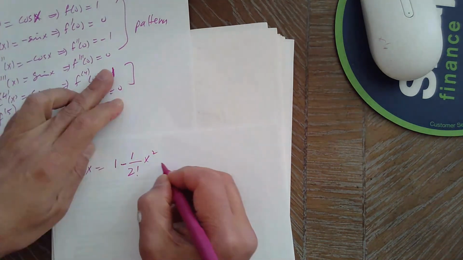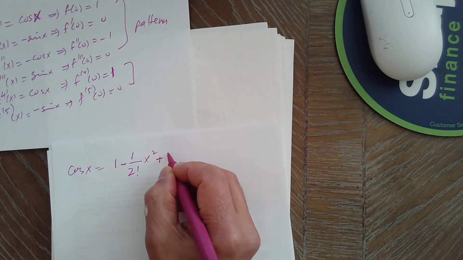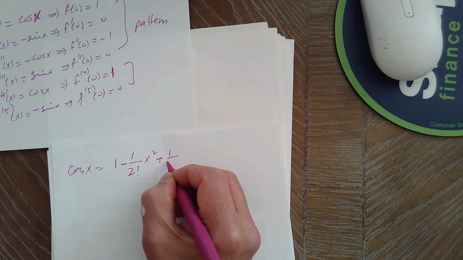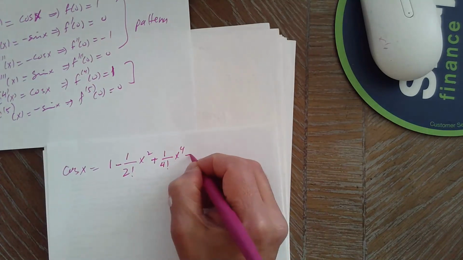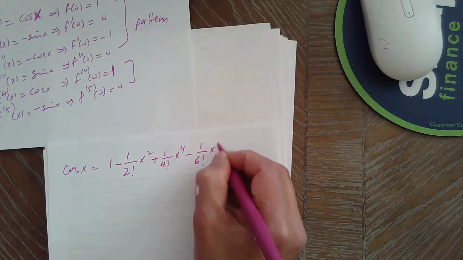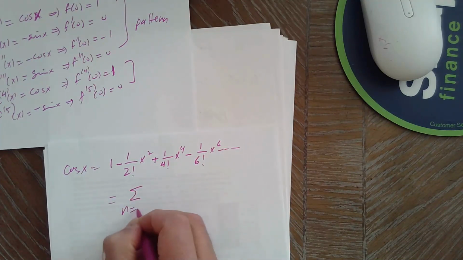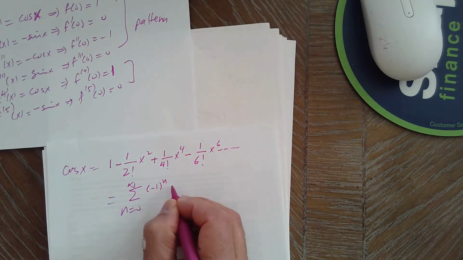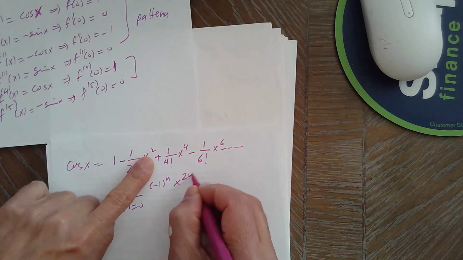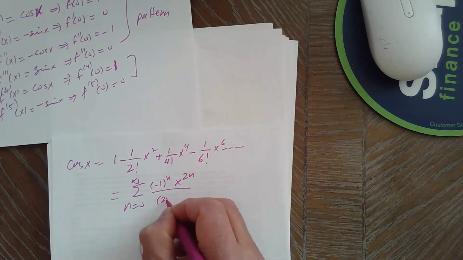The third one is 0, the fourth one is 1, so 1 over 4 factorial times x to the 4, and then minus 1 over 6 factorial times x to the 6, which equals the sum from 0 to infinity of negative 1 to the n times x to the 2n over 2n factorial. It's an even power.